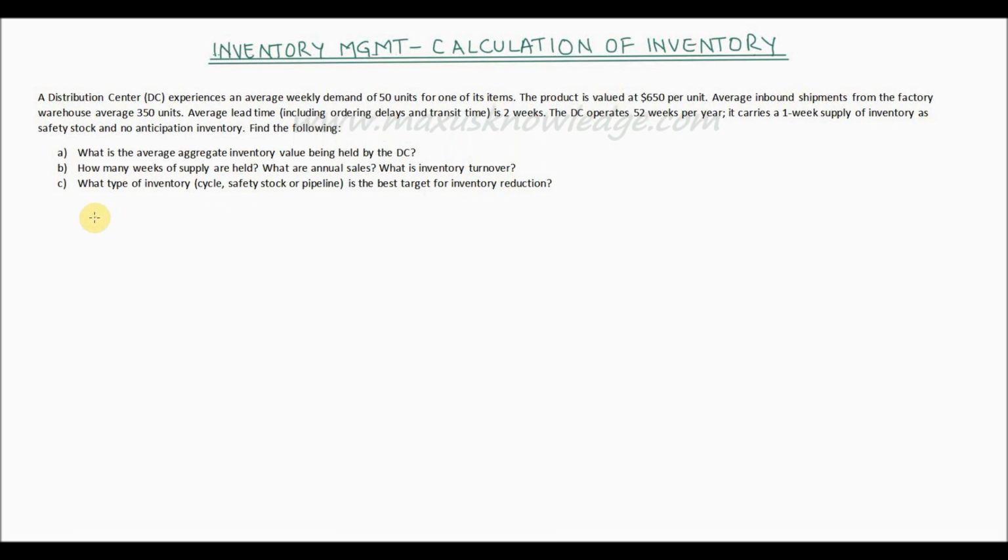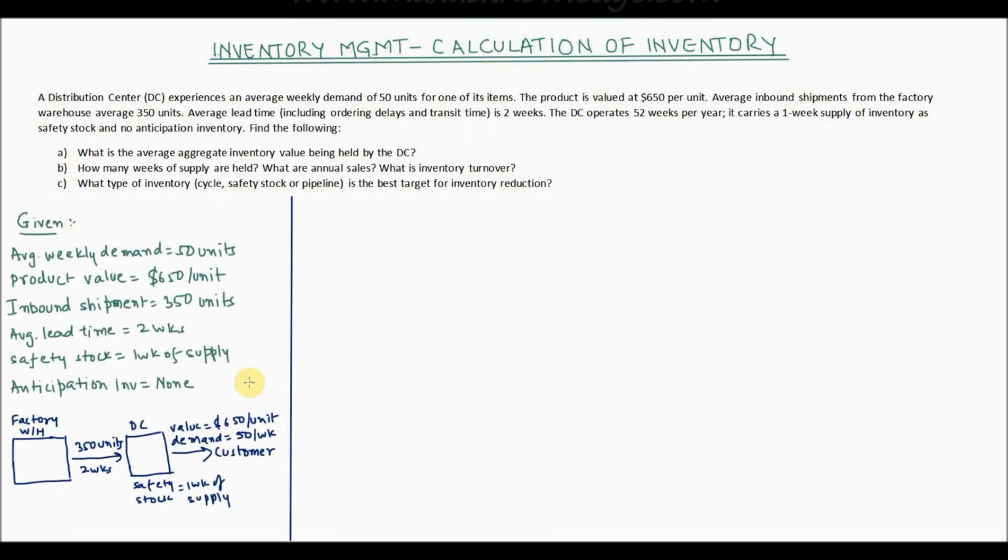So let us first note down what all information has been provided to us. So I have noted here the information that has been provided to us. Let us understand this information in a pictorial format so that it is easy to understand. What we have been given is that average weekly demand at the distribution center is 50 units per week.